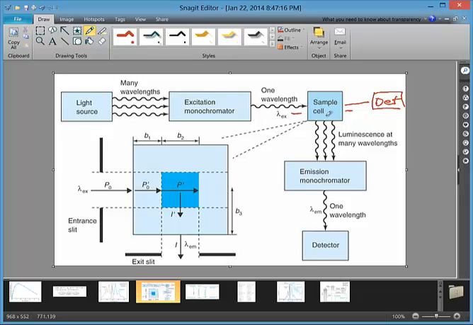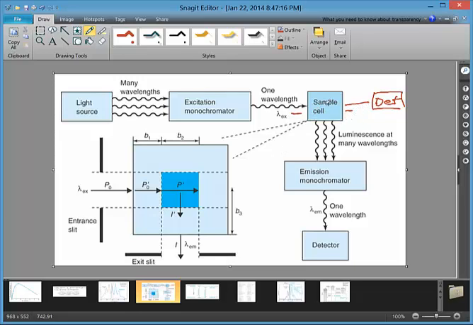Okay, and that's an important point to remember, that the light that is being observed in a fluorescence experiment or a luminescence experiment is due to light being emitted from the sample, as opposed to light being absorbed by the sample in UV-Vis spectroscopy.